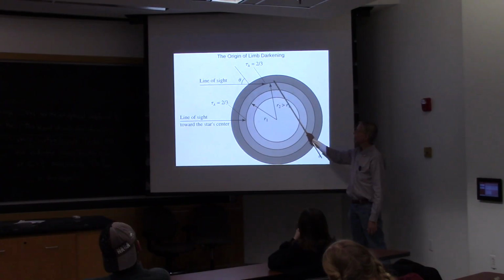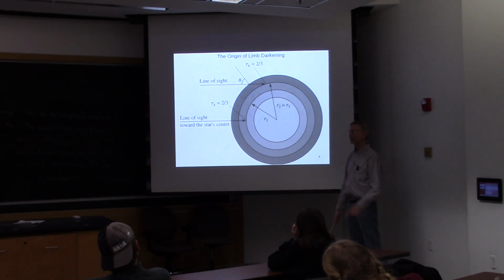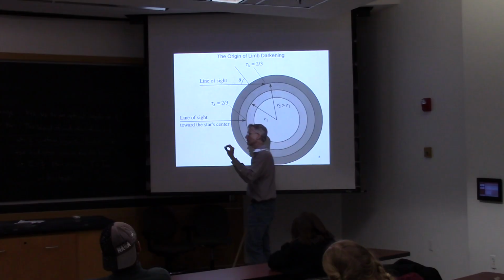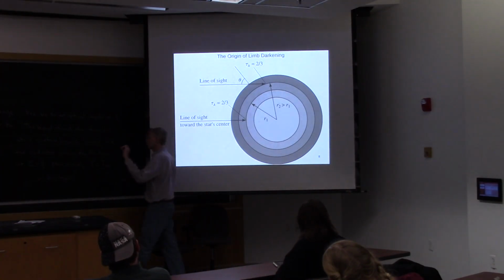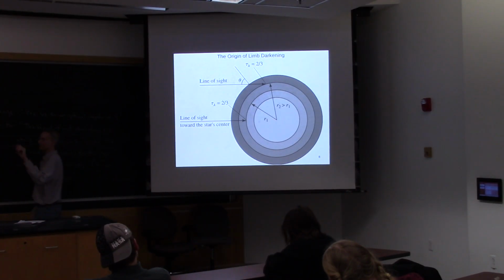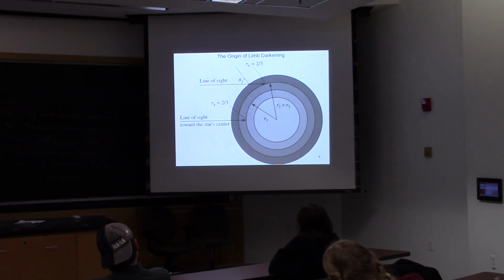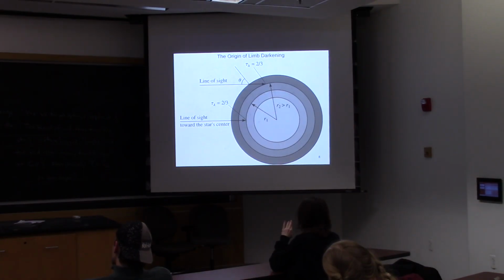This layer is higher in the atmosphere and cooler, so when we look towards the limb, we're seeing higher, cooler layers of the star than when we look towards the center, and cooler means darker, means less bright. So the limb looks less bright because along the slanted lines of sight when we're looking towards the limb, we're seeing higher, cooler layers than we do towards the center. And so as a result of that, we see limb darkening.